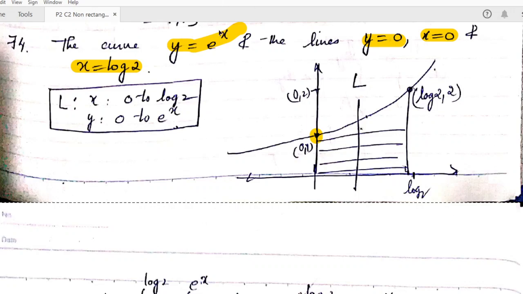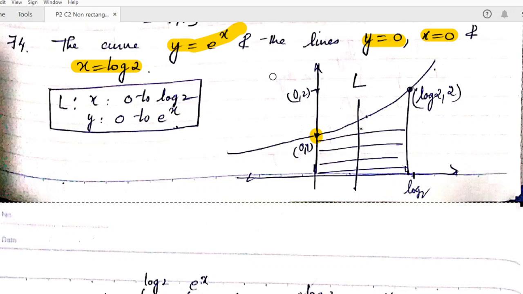Another point, if you put x equal to infinity, you will get y equal to e raised to infinity, that is y equal to infinity. So this curve tends to infinity, and the curve will go in this direction. Now let us take a point x equal to minus infinity. At that point y is equal to e raised to minus infinity, that is 1 by e raised to infinity.